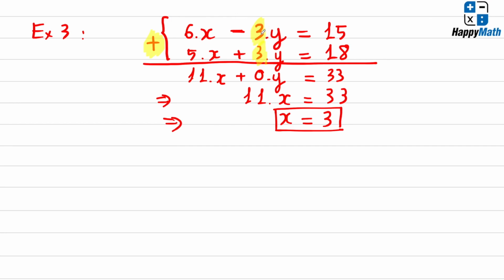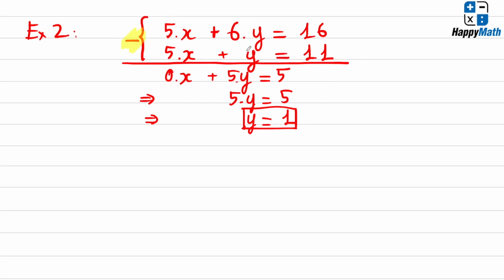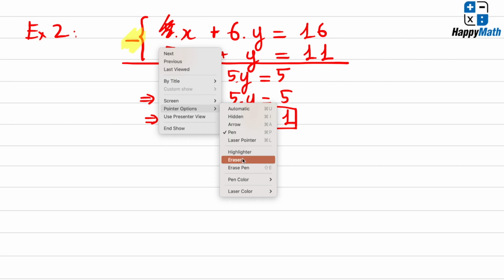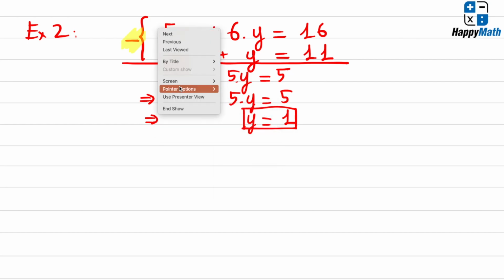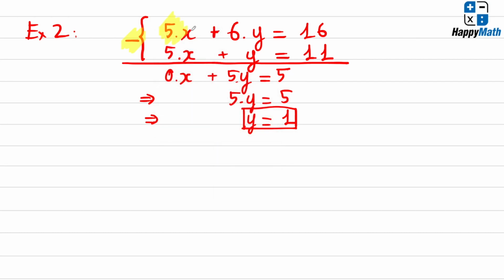In this example, you got negative 3 and plus 3, which are opposite signs. So I will use plus. If you got the same number with the same sign, 5 here and 5 here, you can use subtraction. Exactly the same number and the same sign. Okay, that is the main point.